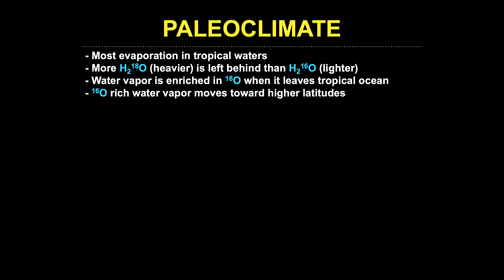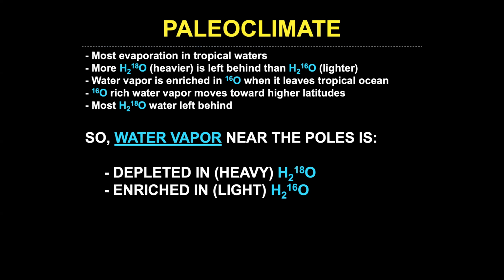As a result, water vapor that is rich in 16 moves further towards higher latitude, and most of the H2 18O is left behind. So water vapor near the poles at high latitudes is depleted in 18 and enriched in 16. Remember, water vapor is still H2O. It's just in vapor form.